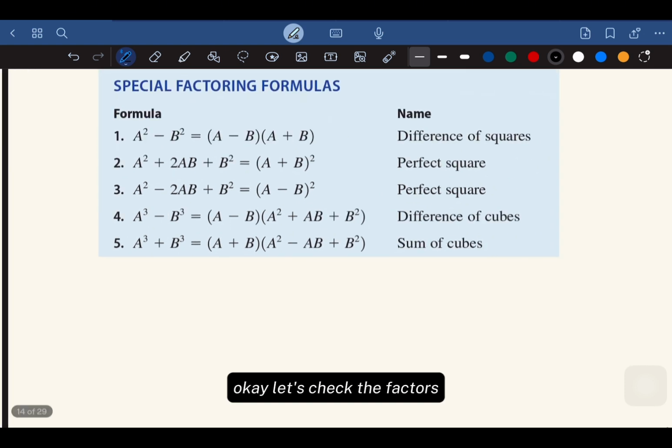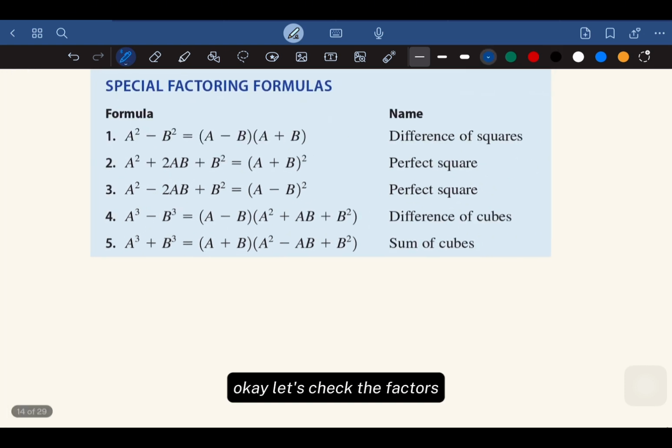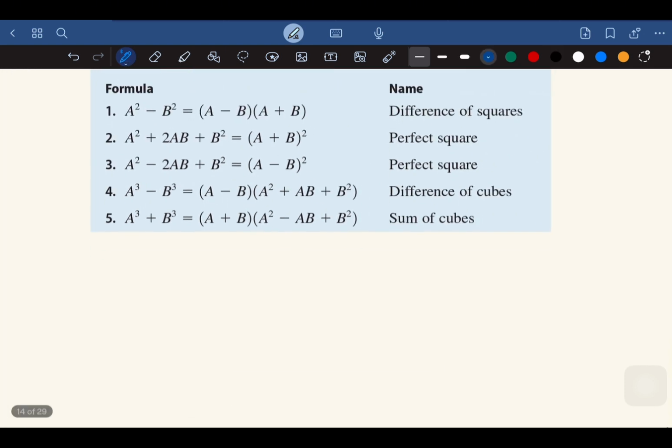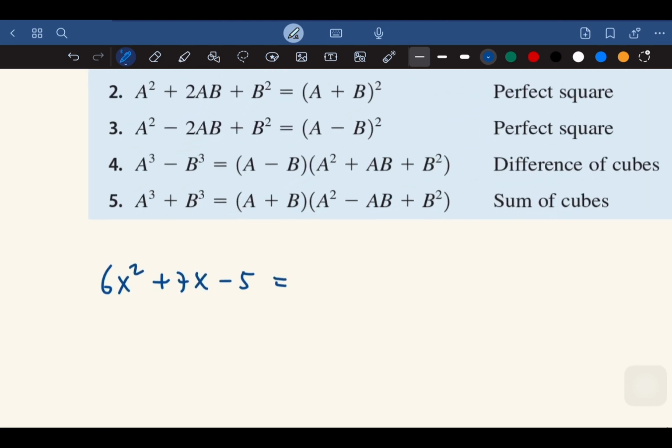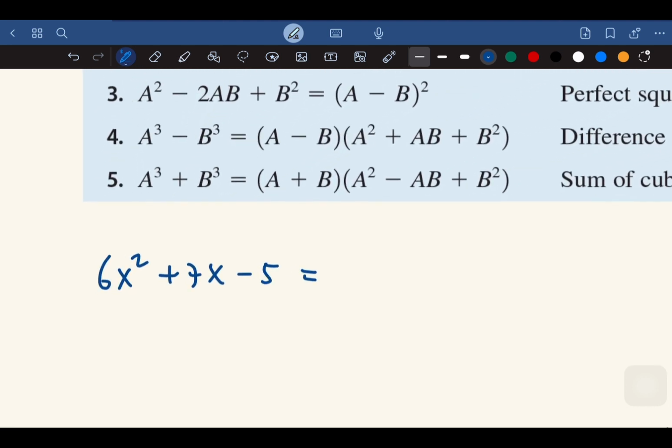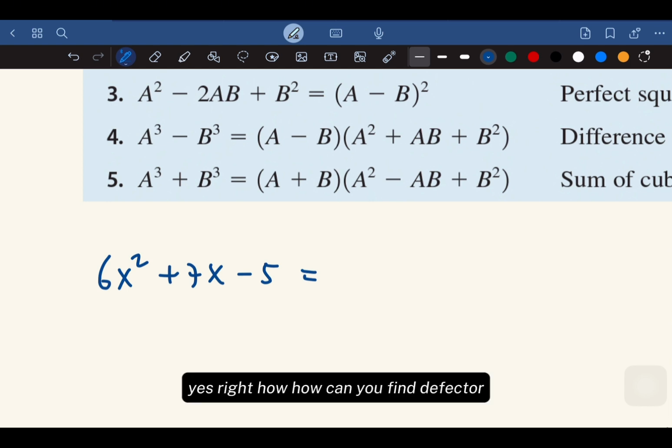Okay, let's check the factors. Can you factor it? Can it be factored? Yes, right? How can you find the factor?